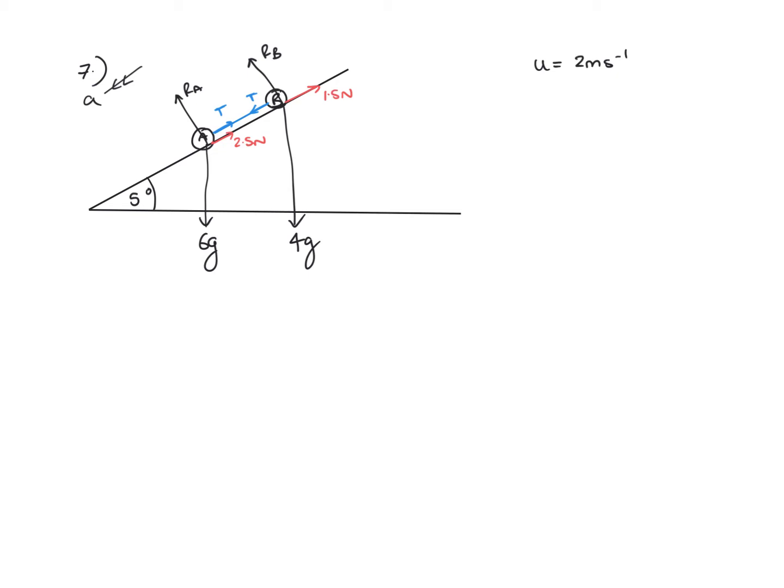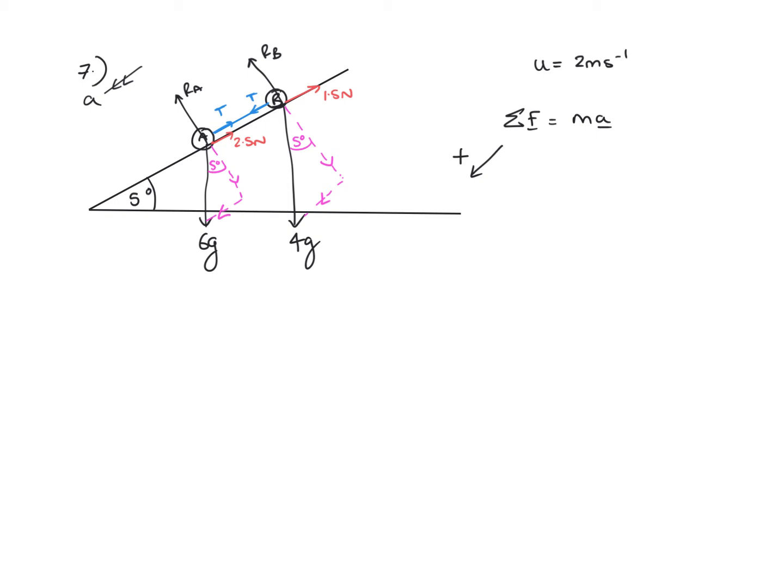So I'm going to draw in the components to each weight, like that and like that. Remember, these angles are the same as the angles of the slope, here and here. And what we're going to do is apply F equals ma, taking down as the positive direction.